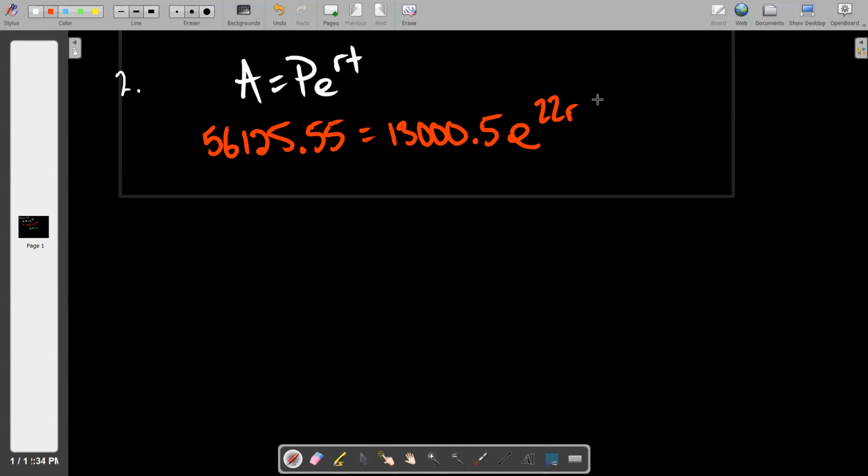What is step 1? Divide both sides by 13,000.5. It's probably not even worth your time in a case like this to divide it out. You're going to get some decimal. I get to the point where I'm just like, you know what? I'm just going to write the left-hand side as 56,125.55 over 13,000.5.